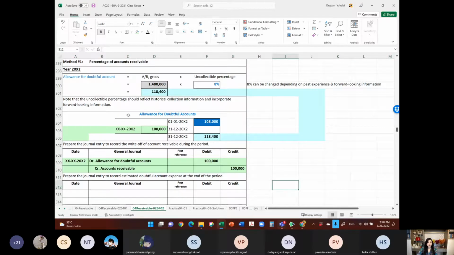Okay, now everyone look at this, please. Originally, you have the estimated expense from the prior year of 108,000. And then you reduce the balance because of the actual write-off for 100,000. So here in this case, you overestimate the expense in the prior year.